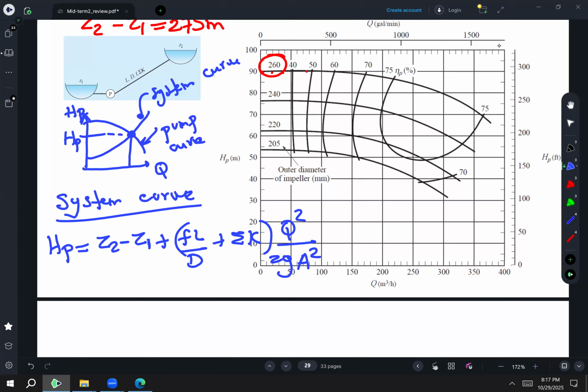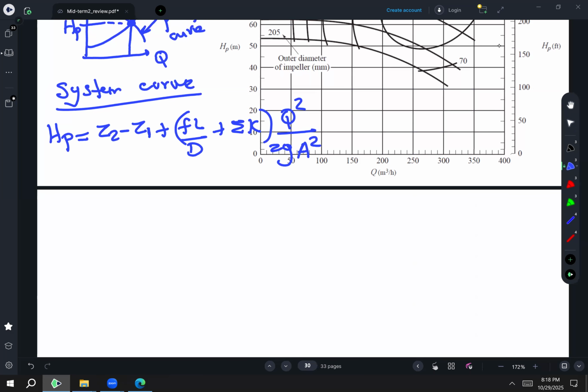Okay, so if we plug values, here we will have HP is equal to zeta 2 minus zeta 1, that is 275 meters, plus F is equal to 0.02.